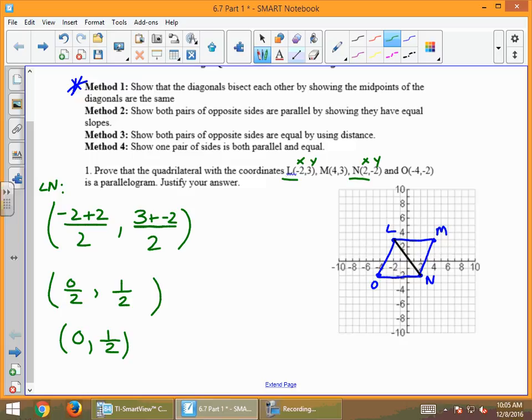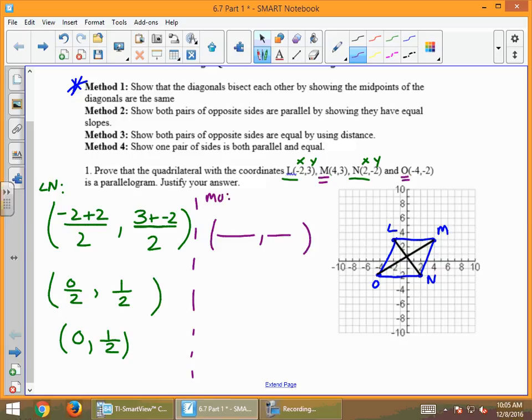Repeat the same process for the other diagonal. So draw that one in. M matches up with O. So find the midpoint between those 2 points. So M and O. Same process. Add the x values, divide by 2.